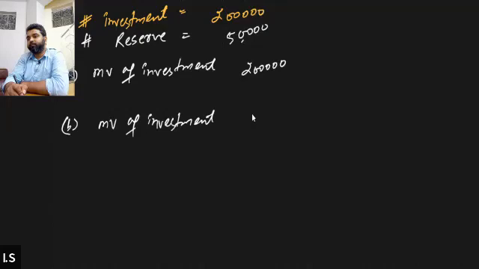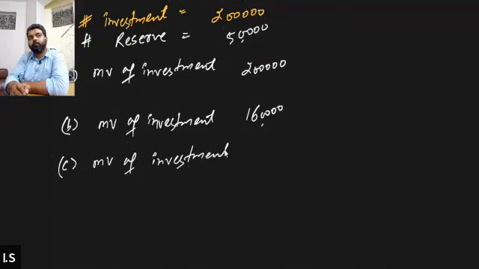That means the market value of the investment only remains 1 lakh, oh sorry, 1 lakh 60,000. The third situation could be wherein the market value of the investment is more than 2 lakh, that means the current market value of the investment is 2,40,000.